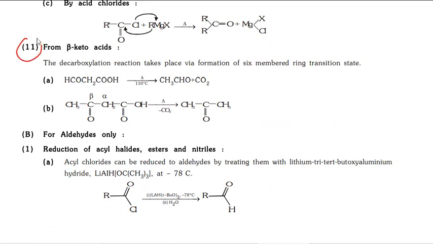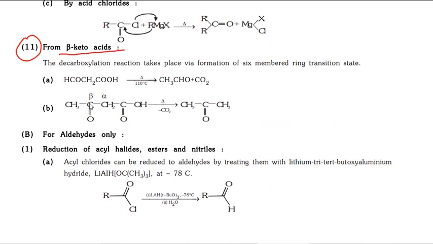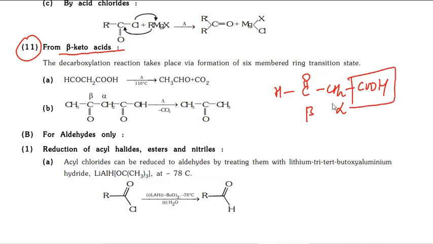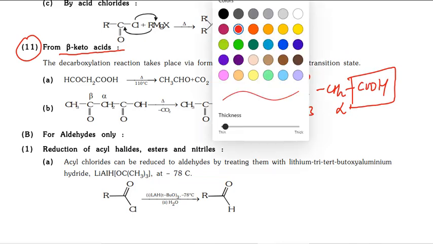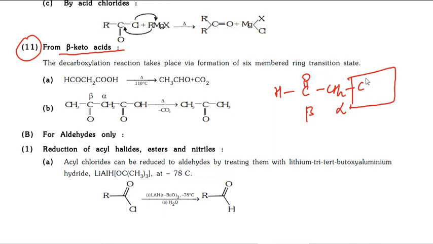Next, from beta keto acid, you can see R C double bond O CH2 C double bond O OH. So this is the alpha carbon, this is the beta carbon. The functional group attached carbon is the alpha carbon, the next carbon is the beta carbon. Here, if you observe this functional group, C double bond O OH, like C double bond O CH2 and C double bond O, then maximum chances are there that by heating, carbon dioxide is released.